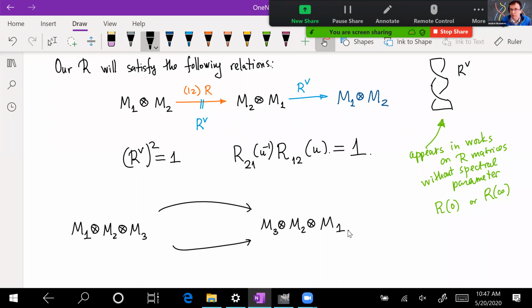If you have two different operators that go from here to here, then you can ask what the relation between them is.